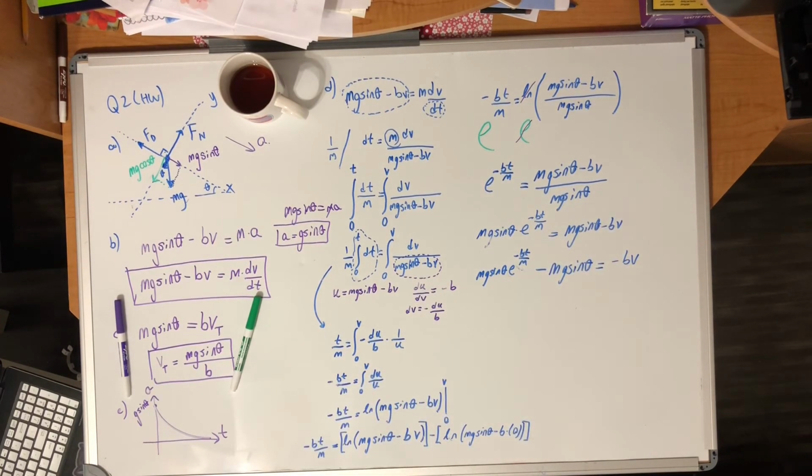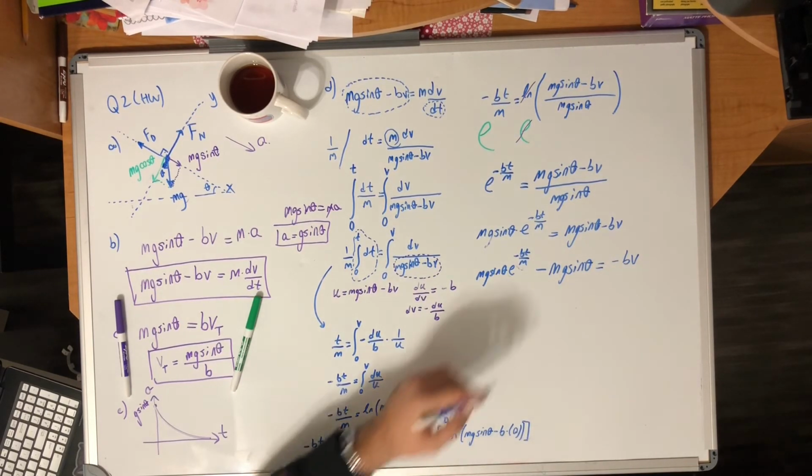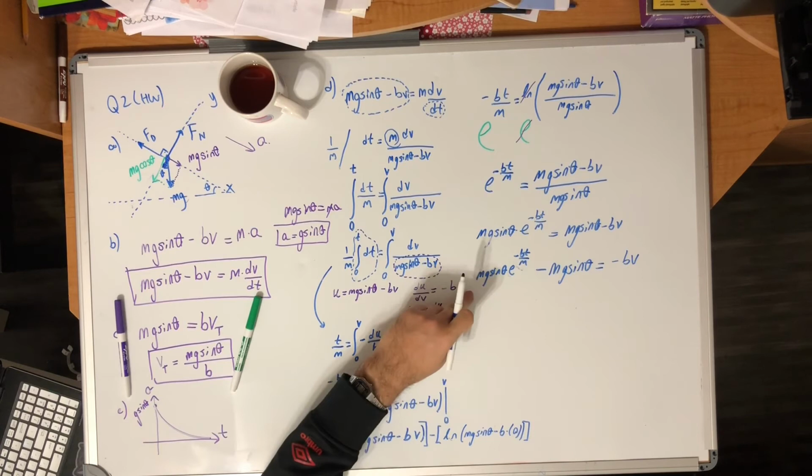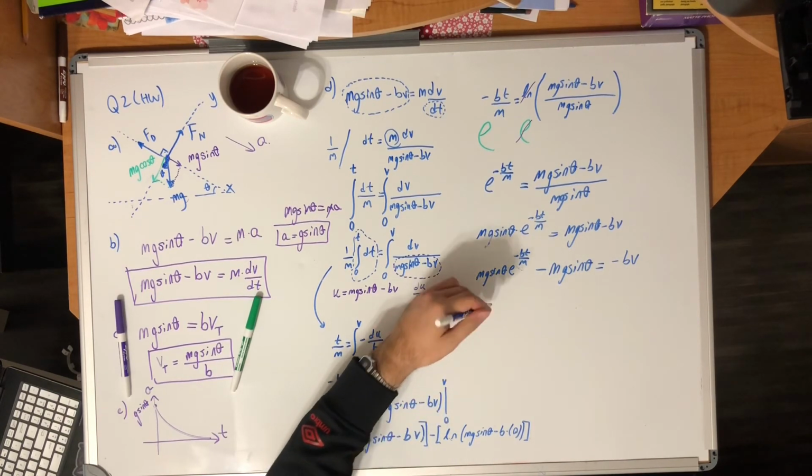bv. And next step is going to be multiplying everything with negative, just to get rid of this negative. Then that will become positive, that will become negative, so I'm just going to bring it to the front.